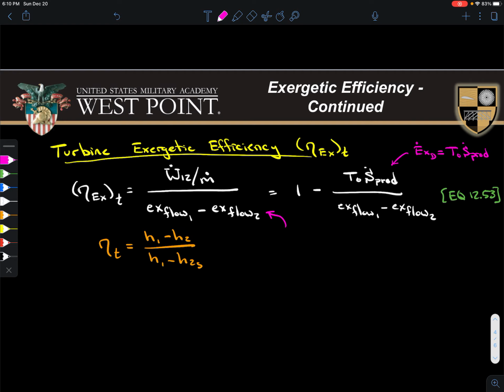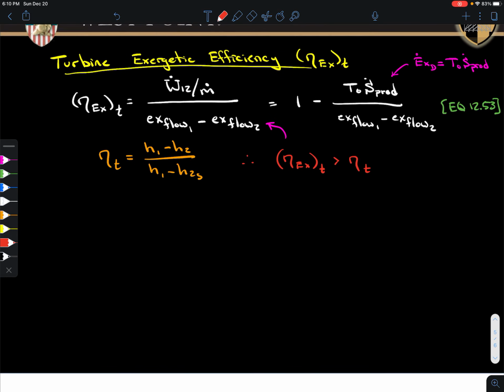So for a turbine, we could then conclude, therefore, exergetic efficiency of a turbine is going to be greater than the standard thermodynamic efficiency of a turbine. Please wrap your mind around that idea.